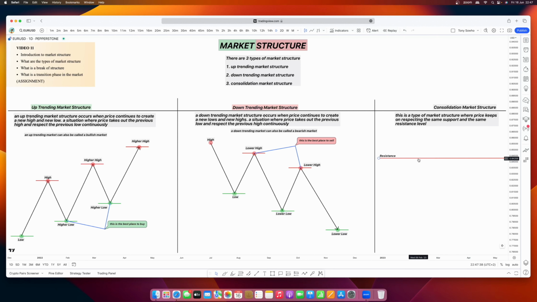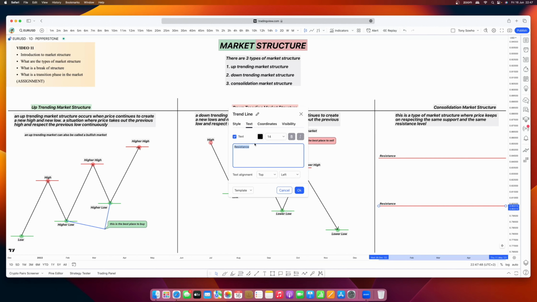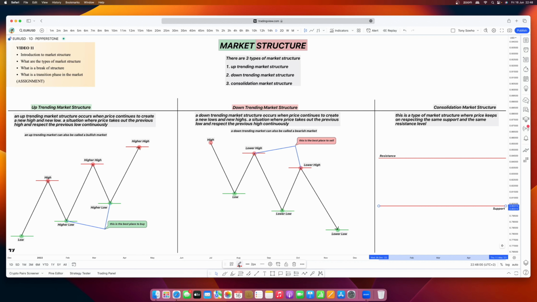And we can clone it, bring it all the way down, and say support. Okay, and then we can bring that to the bottom, and then just make that at the right. Then we can change the color to green. So you see it now, resistance and support.